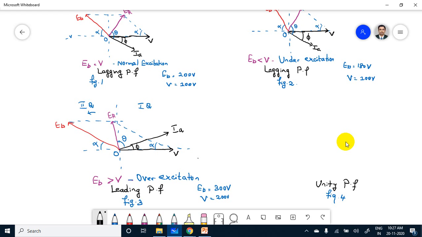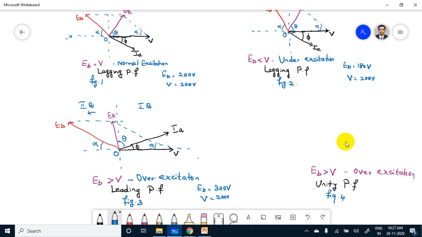Due to these resistance parameters, the condition here is EB is greater than V. So in over excitation, the unity power factor will also take place. Please take down.